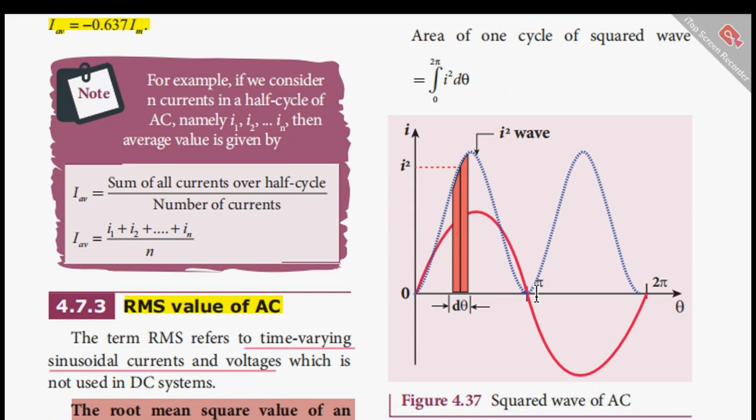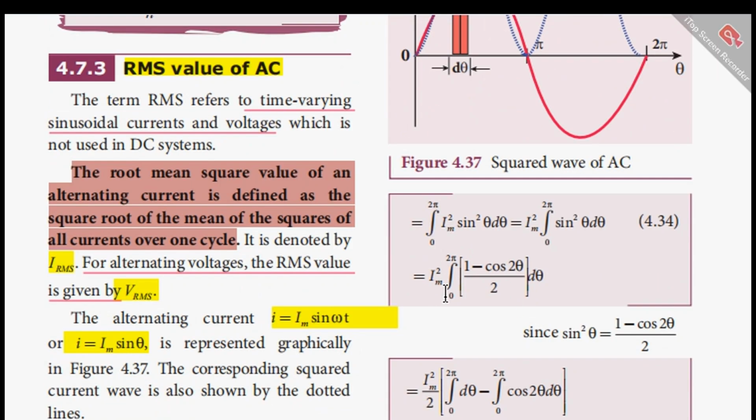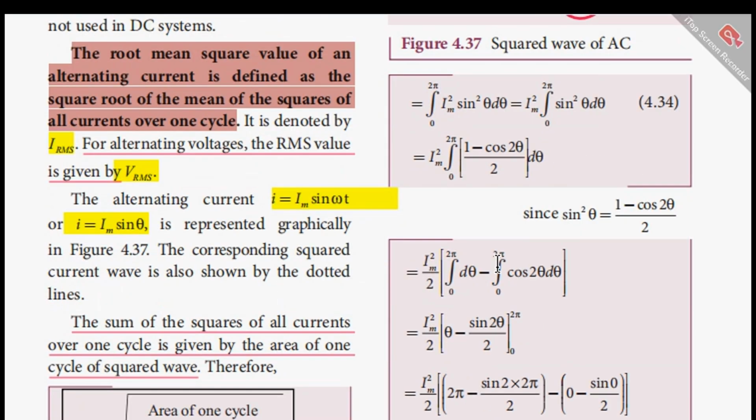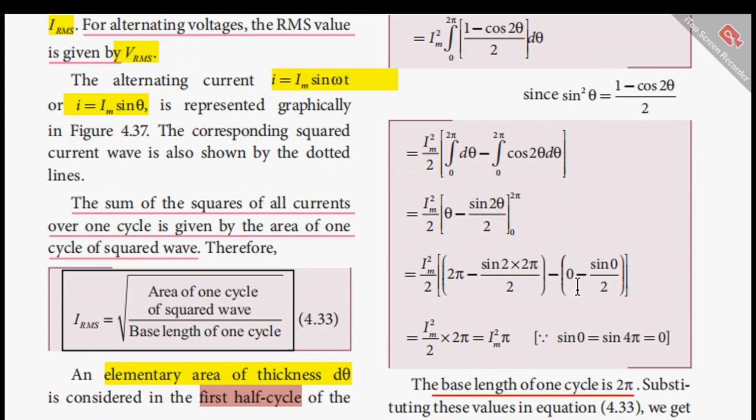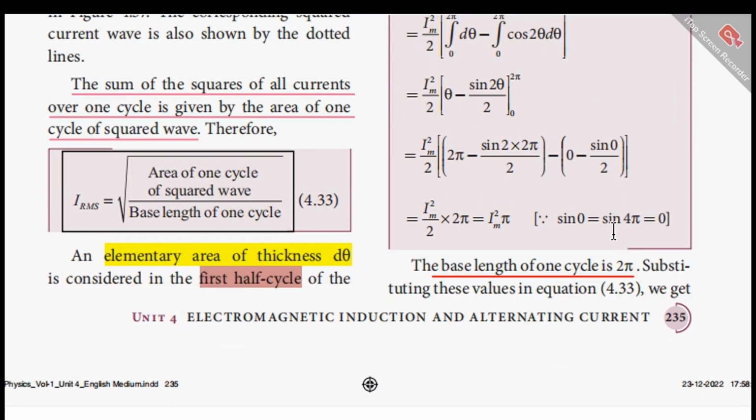This is the graph, and that is given by Im squared times the integral from 0 to 2π of (1 minus cos 2θ)/2 dθ. Solving this, as sin squared θ equals (1 minus cos 2θ)/2, we have this expression, that is Im squared π, as sin 0 equals 0.